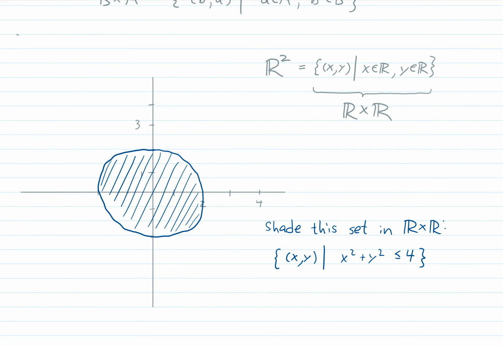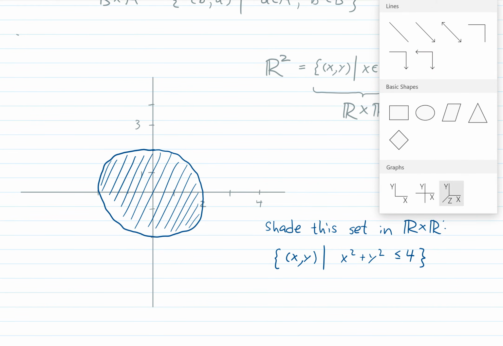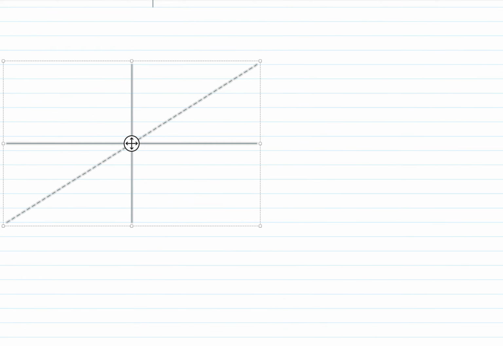Let's draw XYZ axes. What are you used to that being called in calculus? That's usually called R3, right? What does every element of R3 look like? It's not an ordered pair, is it?